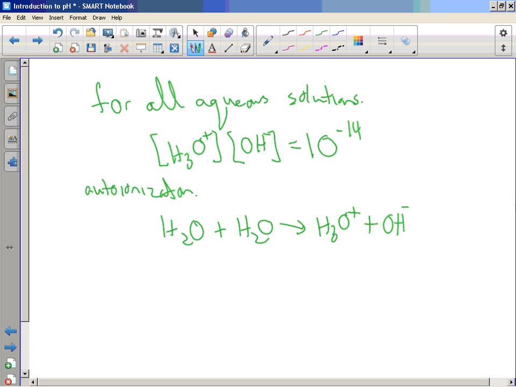I want to write now underneath here. pOH is going to be equal to what? Well, what do we calculate when we calculate the P whatever? Doesn't matter what it is.